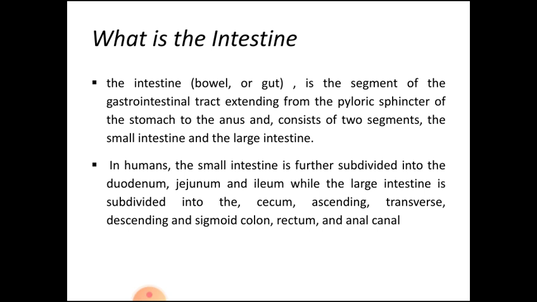So the intestine is a segment of the gastrointestinal tract which includes the small and large intestine. In a human, the small intestine is further divided into duodenum, jejunum, and ileum, while the large intestine is subdivided into the cecum, ascending, transverse, descending, and sigmoid colon, ending in the rectum and anal canal.